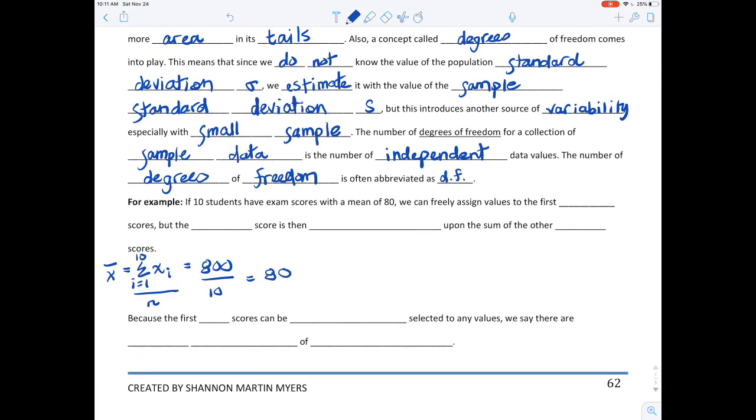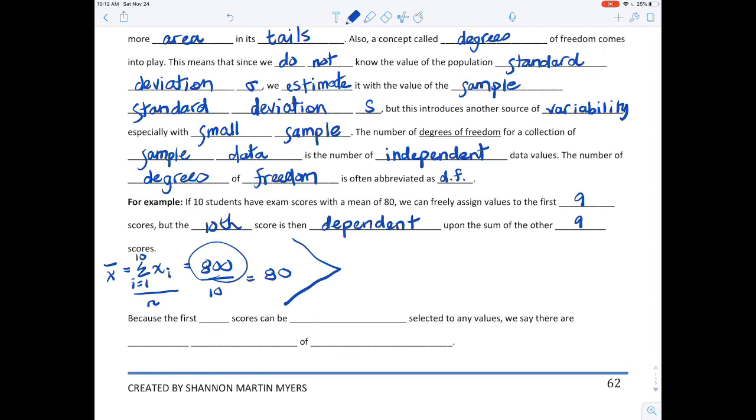So here we go. Let's take a look and think about this. Let's just make up some scores. Well, we can freely assign values to the first 9 scores, but the 10th score is then dependent, isn't it? Because it's going to have to be whatever score you would need in order to get up to that 800 mark for the sum.